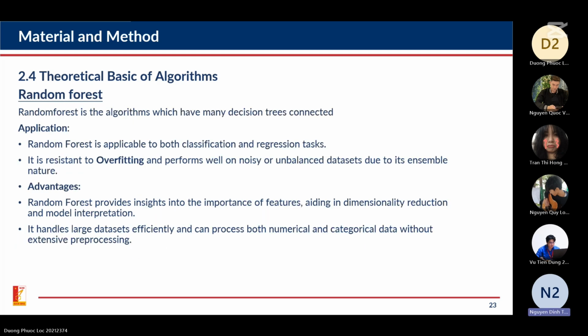About the random forest. Random forest is an algorithm which has many decision trees connected. It is applicable to both classification and regression tasks, and it is resistant to overfitting and performs well in noisy, unbalanced datasets due to its ensemble nature. The advantage is that it provides insight into the importance of features, aiding in dimensionality reduction and model interpretation.